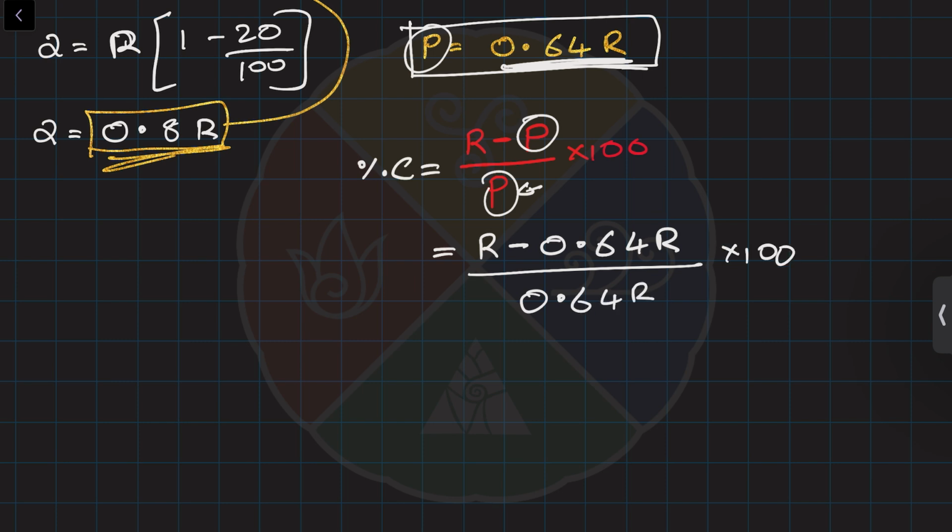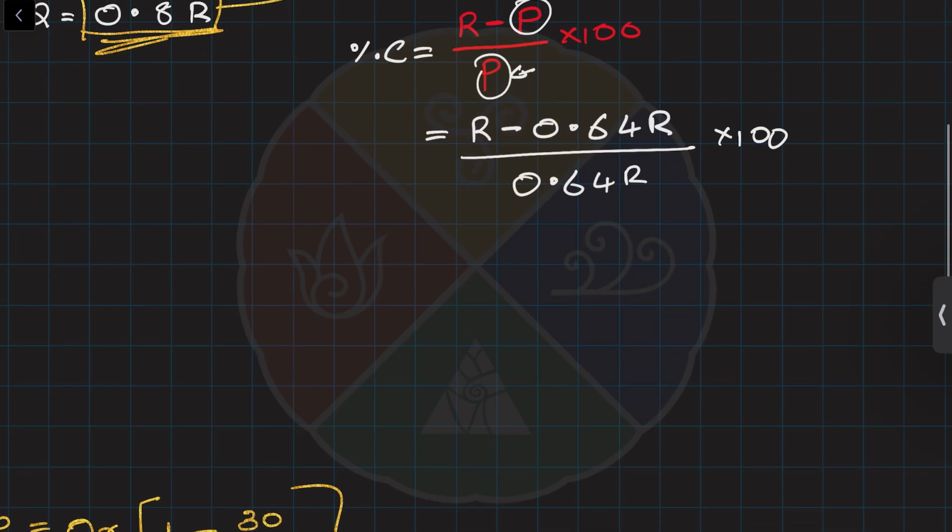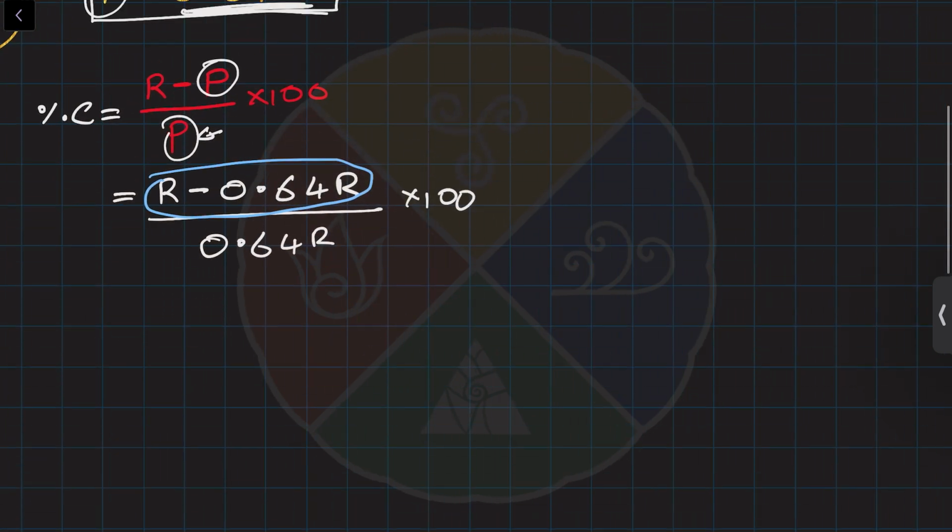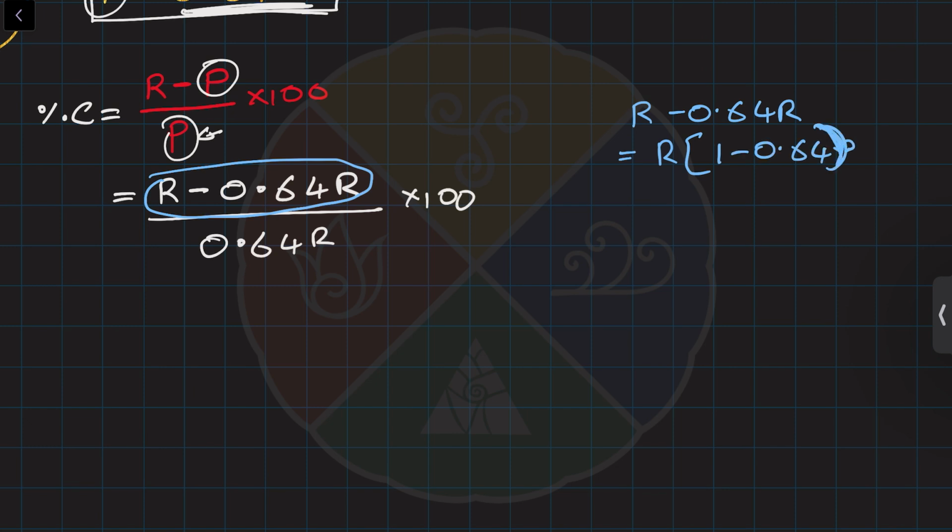Now if you look over here, this is R minus 0.64 R. You can directly do it, or if you observe that R minus 0.64 R, if you take the R common outside, you will find it is 1 minus 0.64, and R is of course gone outside. So 1 minus 0.64 is 0.36. So you are going to get 0.36 R.